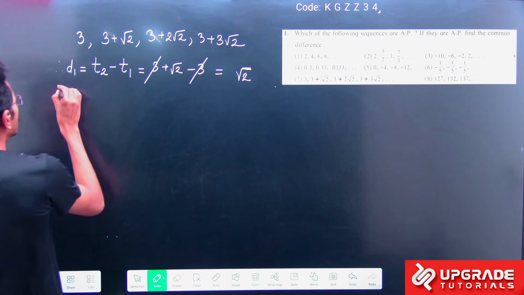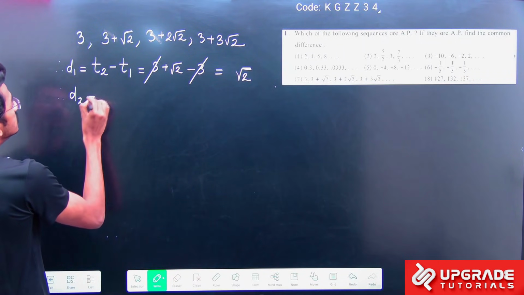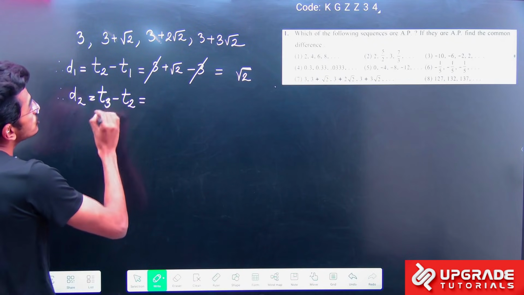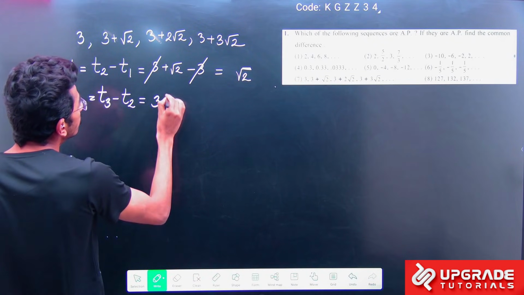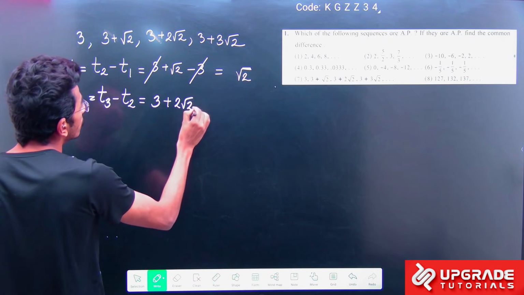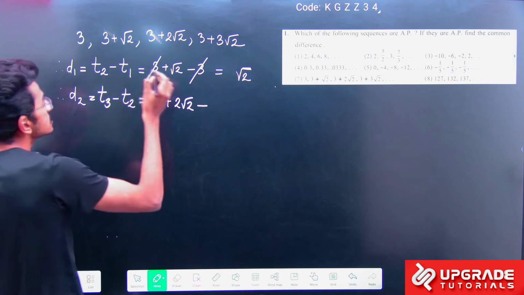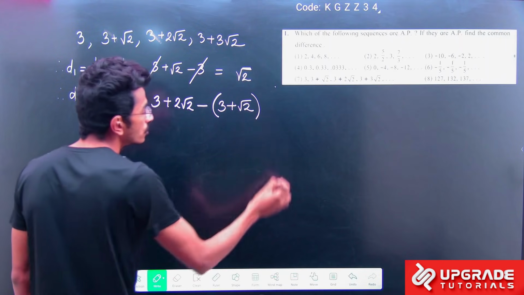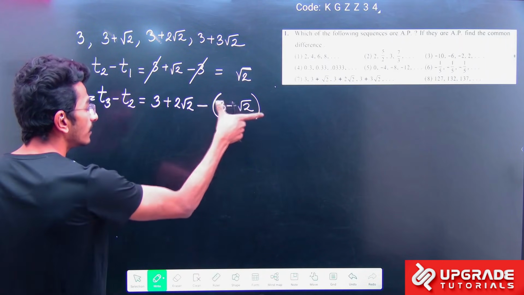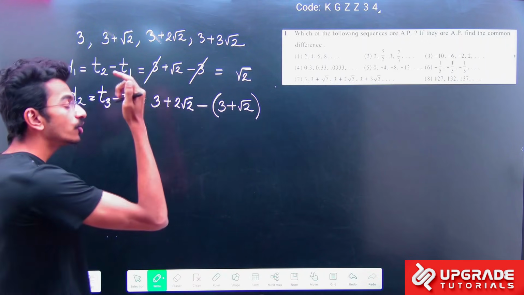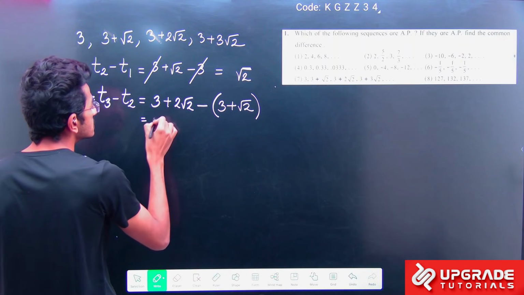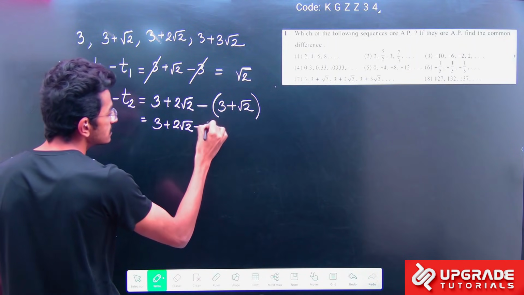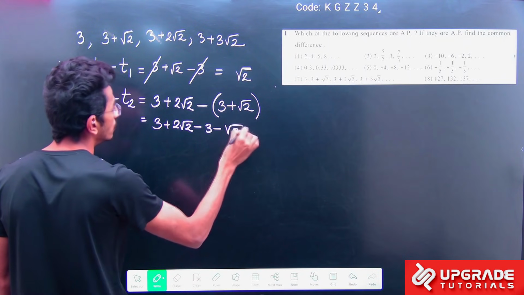Now let's check D2. D2 is T3 minus T2. So what is T3? 3 plus 2 root 2, minus of what is T2? 3 plus root 2. Okay, just open the bracket, so minus will get multiplied to each and every term of the second bracket: 3 plus 2 root 2 minus 3 minus root 2.